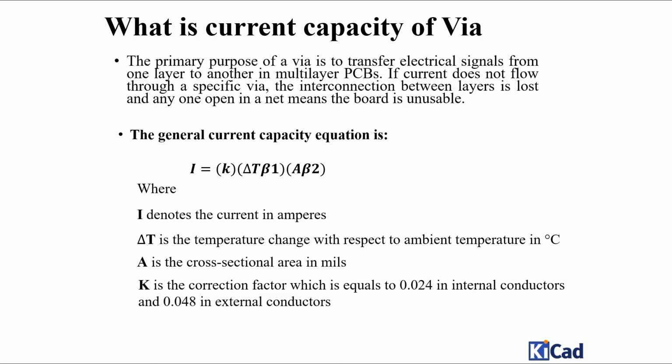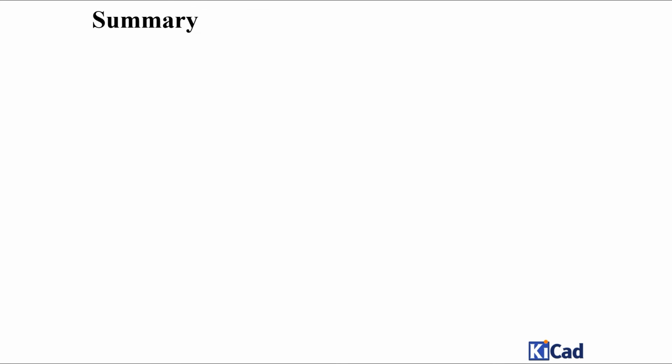Internal conductor means the track that is going on the inner layer of the PCB. External conductor is the track that is traveling on the outer layer of the PCB. B1 and B2 are 0.44 and 0.75 respectively.